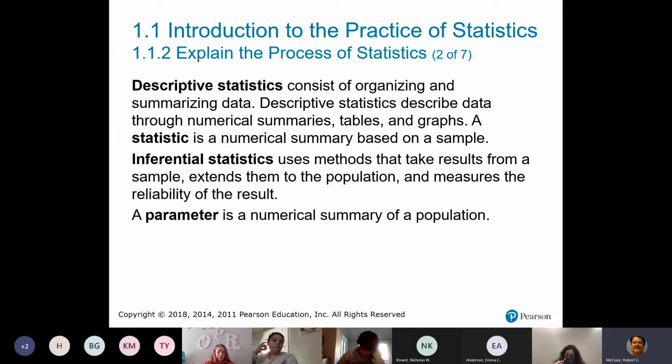I guess that's a good way to remember it. And there's your lowercase statistic with the sample and parameter with the population, which I showed you before.